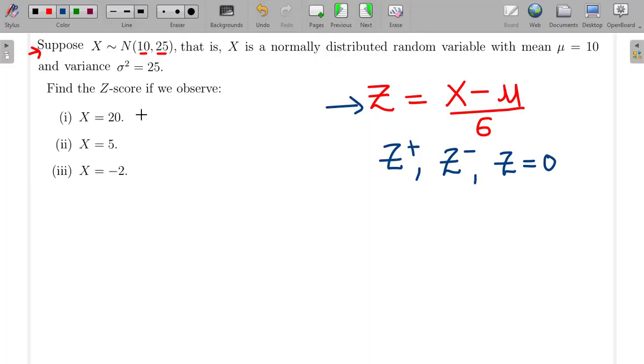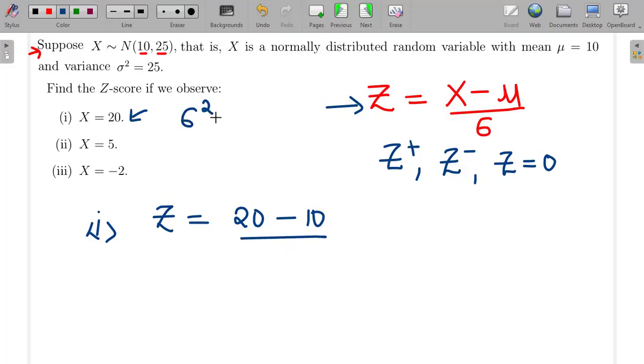So the first one, x is equal to 20. The z-score will be x, which is 20, minus the mean, 10, divided by the standard deviation. In this question, we've been given the variance, sigma squared, which is equal to 25.